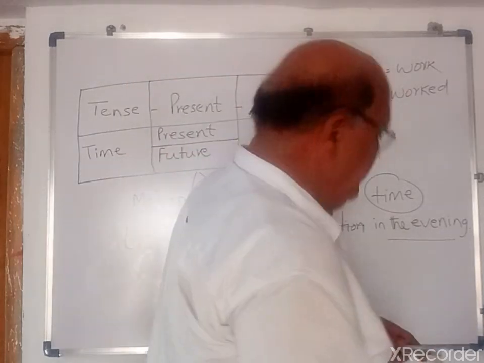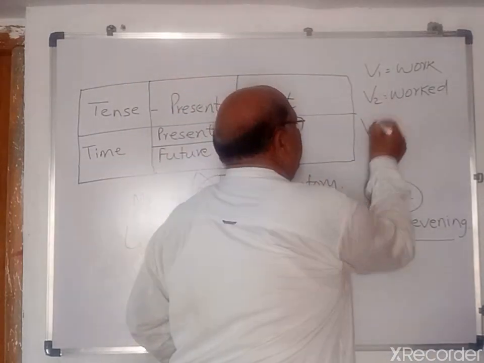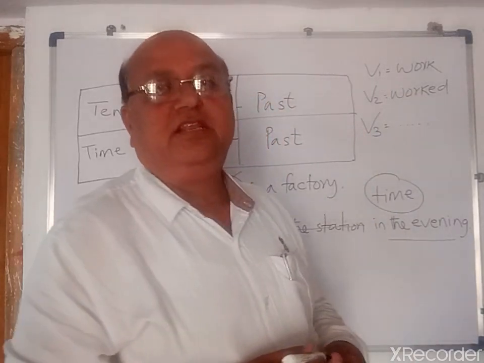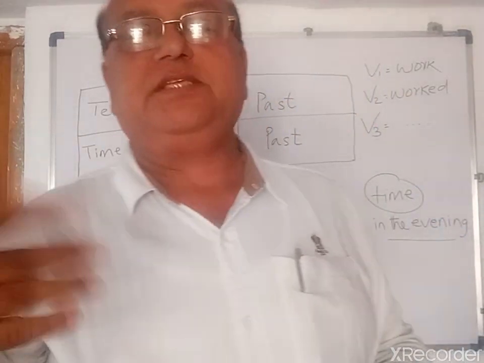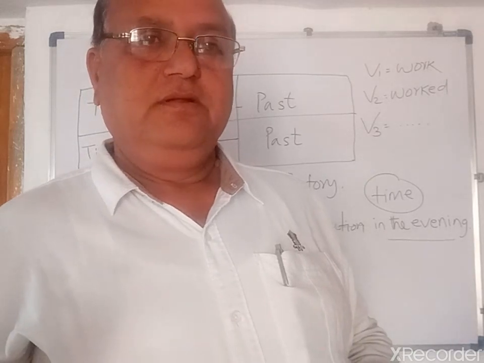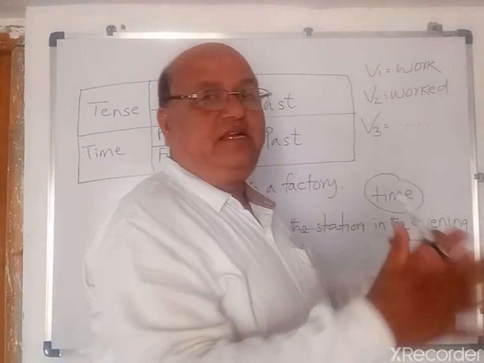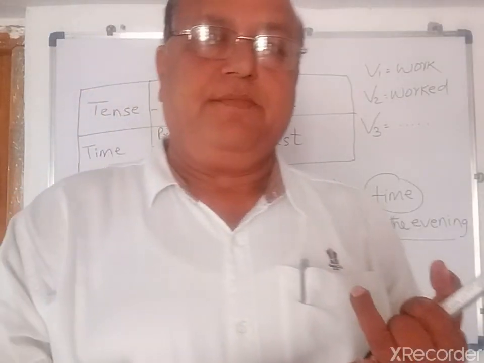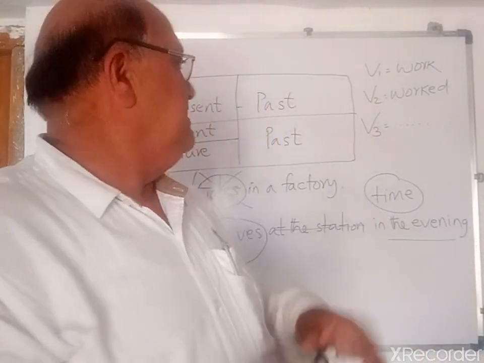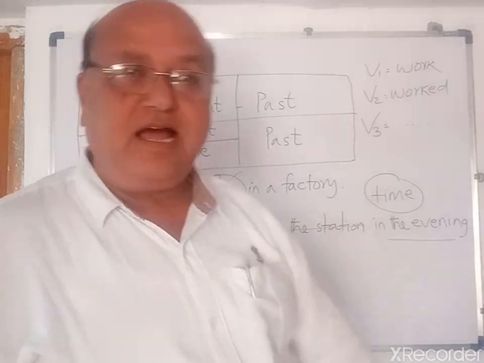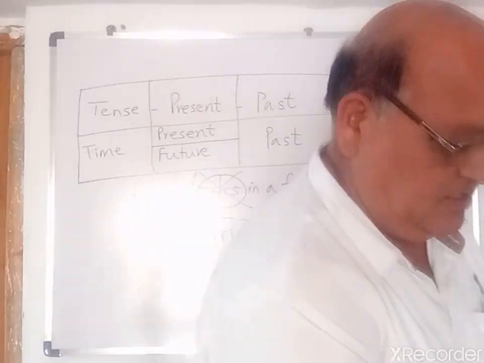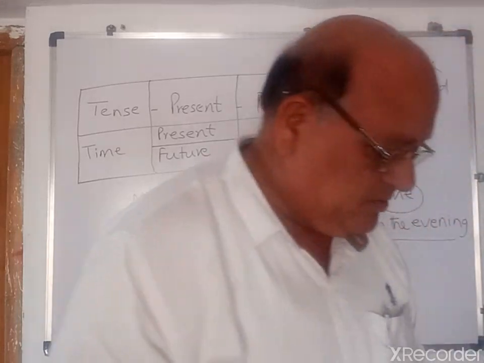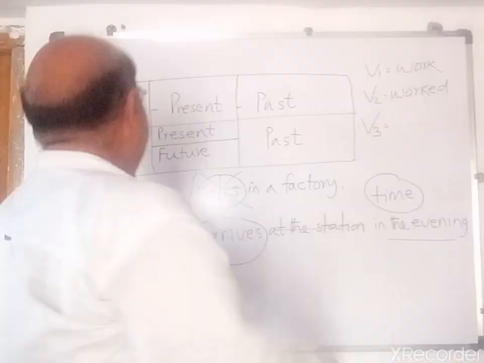Then let us come to past participle. V1, V2 and V3. V3 are generally used for change in voice, active voice to passive voice. We will not bring that here. We shall discuss one item at a time, because this verb is the heart, the nucleus in a sentence. And these verbs are two types.